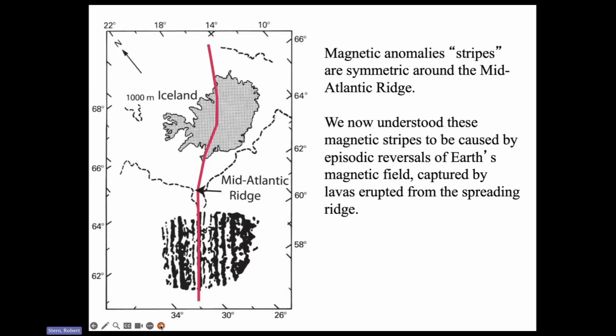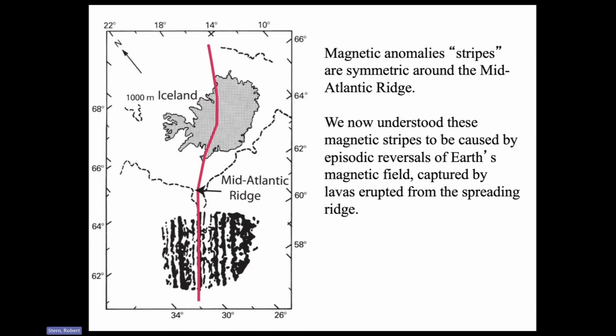Now, they also noted that the magnetic anomaly stripes were symmetric around the Mid-Atlantic Ridge. This was very interesting. So this is the Mid-Atlantic Ridge, the red thing coming down, and then this patch was mapped. This is an area of a lot of interest, still has a lot of interest to the Navy, because that's where the Russian Soviet submarines come through.